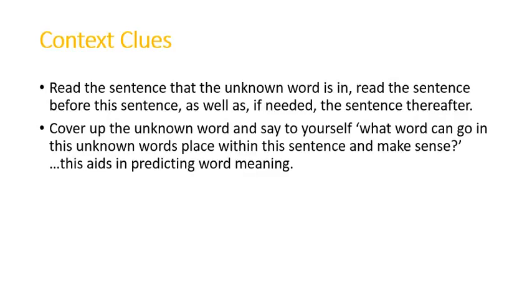Then they cover up the unknown word and use those 3 sentences to predict what word can go in that unknown word's place and make sense. This will usually aid in predicting the meaning of the word. It doesn't always predict it completely, but it aids. It will also create a sense of fluency for the students in terms of properly understanding the story while they're reading.